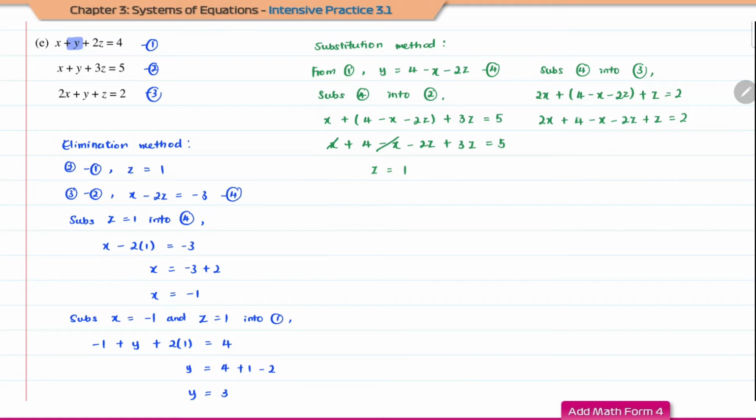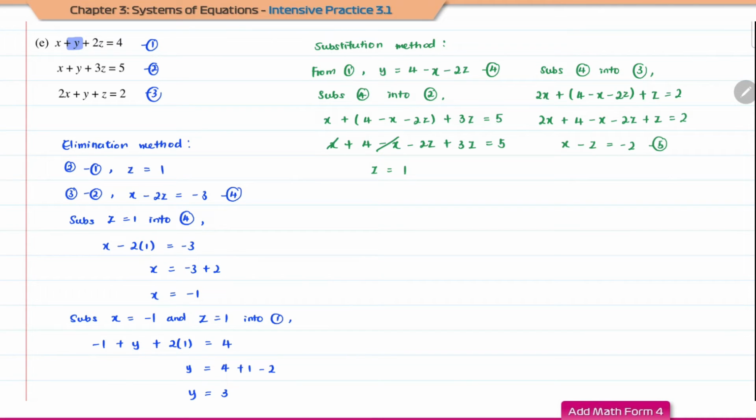Solve for the like terms. 2x minus x is x. And then this negative 2z plus z is negative z. Alright, then 2 minus the 4 is equal to negative 2. So this I'm going to label as my equation number 5.